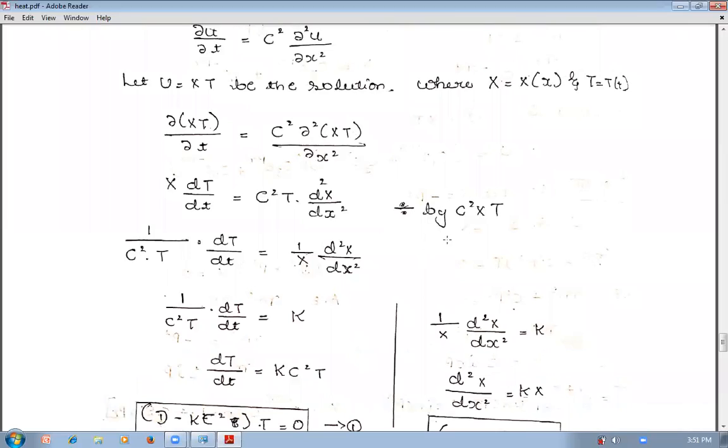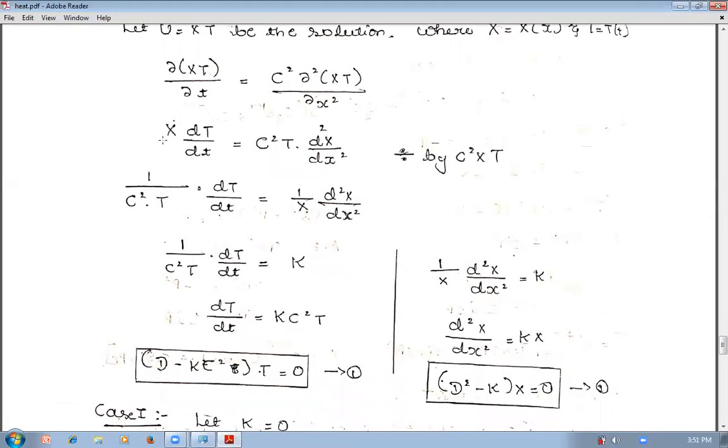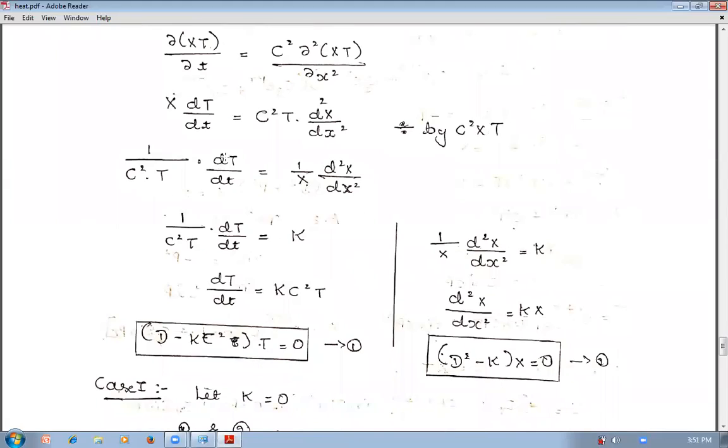Similar to the previous derivation, dividing throughout by c² X T. This is a very important step. First, we have to divide throughout by c² X T. X gets cancelled. The remaining term is (1/(c² T)) dT/dt = (1/X) d²X/dx².